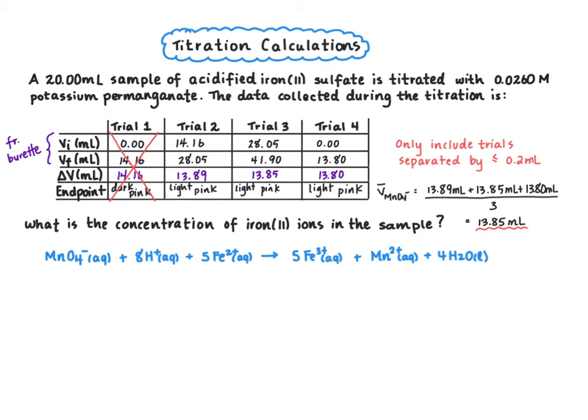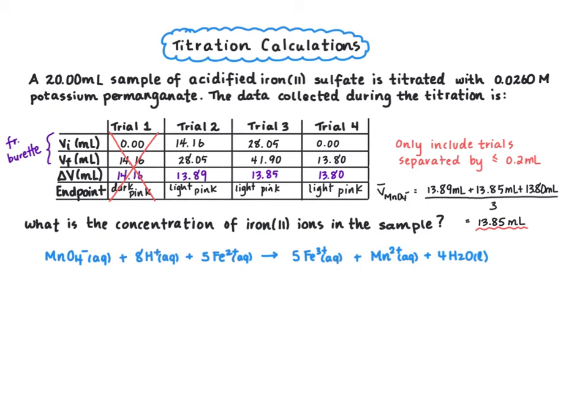We have our balanced reaction. We know a volume and a concentration for our permanganate, and we know a volume for our iron sample. So we're going to start this by solving for moles of permanganate. So how many moles of permanganate did we add? Because our endpoint is going to come when we have stoichiometric equivalent moles of permanganate and iron.